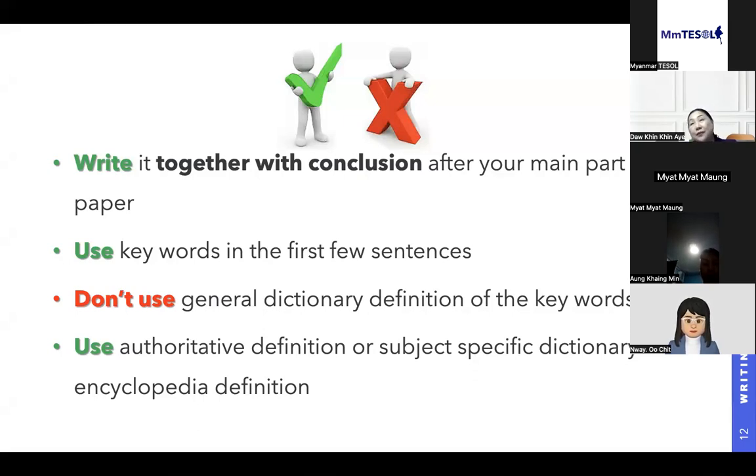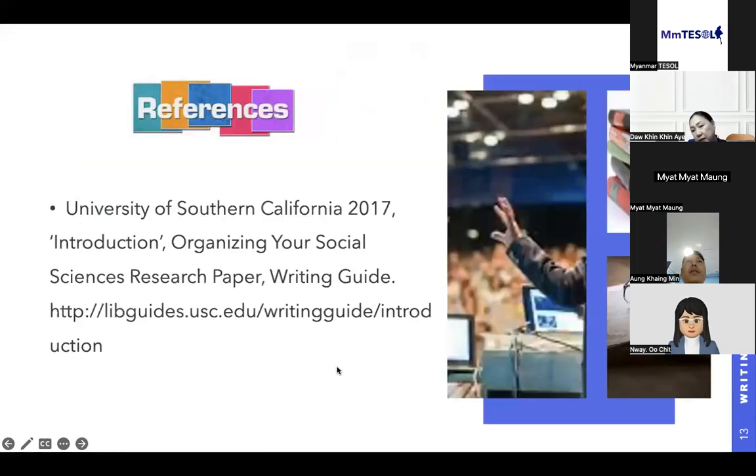If your paper is on linguistics, then you can take the definition of key terms from a specific linguistic dictionary or from the literature review itself. That means use an authoritative definition or a subject-specific dictionary or encyclopedia definition. That's all for introduction today.